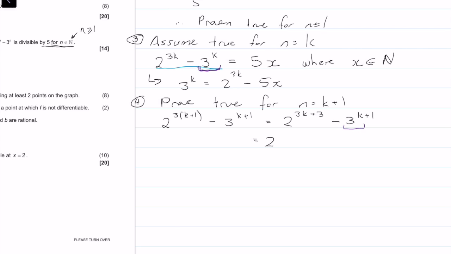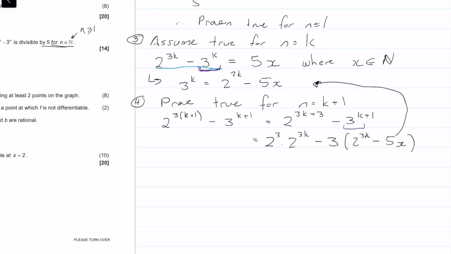So then the statement becomes 2 to the 3 times 2 to the 3k minus 3, so that takes care of this term right there, and I'm going to insert the value, so minus 3 to the power of k is equal to 2 to the 3k minus 5x, and that is from here.